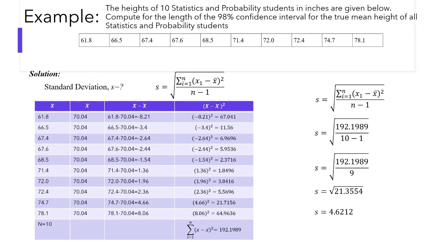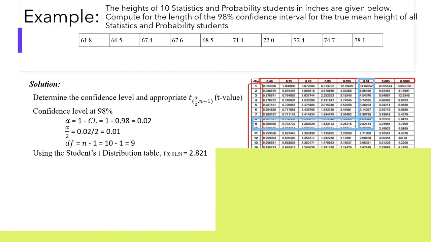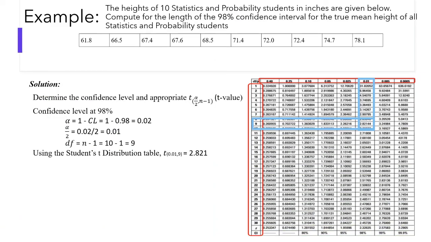Simplifying it, we have the square root of 192.1989 divided by 9. We'll now have the square root of 21.3554. And our standard deviation now is 4.6212.